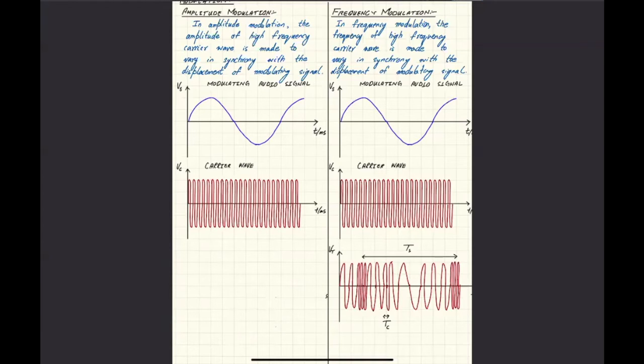So you just have to keep in mind that you will make the modulated carrier wave by identifying that where the signal is high, the amplitude would be higher.